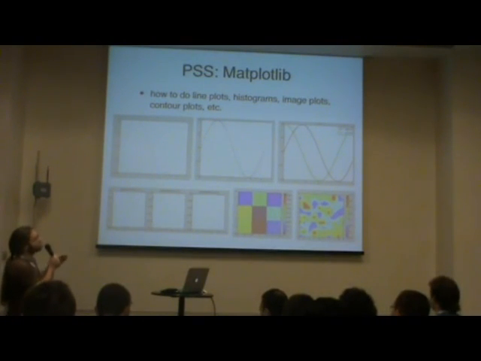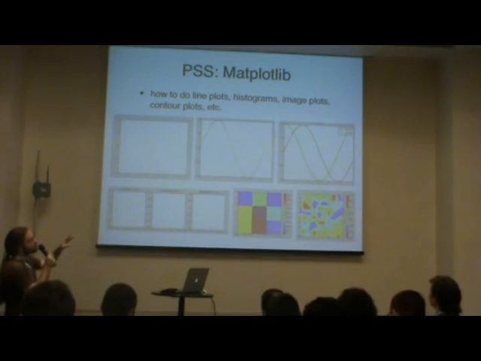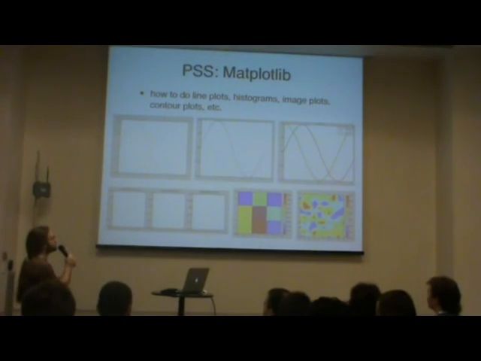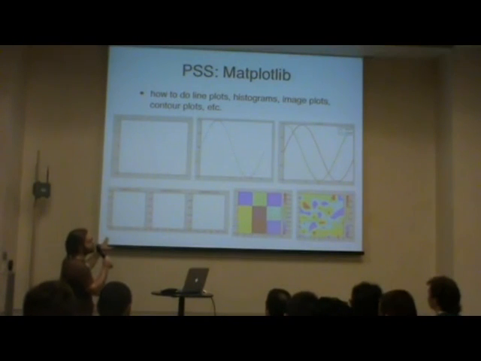How to do line plots, and how to change the style of lines and symbols and colors, and how to add labels and legends, and how to use LaTeX in the axes or in the text. How to make subplots.